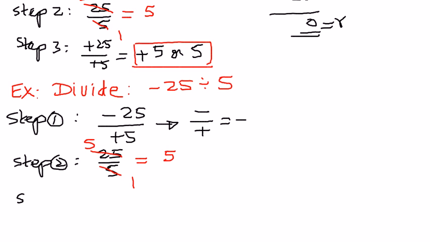And then we can put all of this together and say in step number 3, negative 25 divided by positive 5 is a negative number divided by a positive number, which is a negative value. 25 is a multiple of 5, which we have just seen in step 2, so we can write it as negative 5, like that.